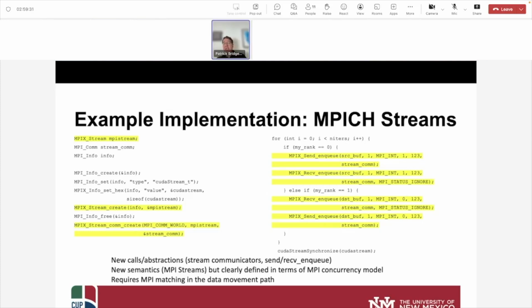And that send will be initiated and started after the first kernel, in GPU stream order. That's the idea behind these stream trigger proposals: the ability to put MPI operations onto GPU streams. To do that, you have to have some way of associating a CUDA stream with an MPI operation, like an MPI communicator or something else. And how to do that is really what we're all debating and discussing.